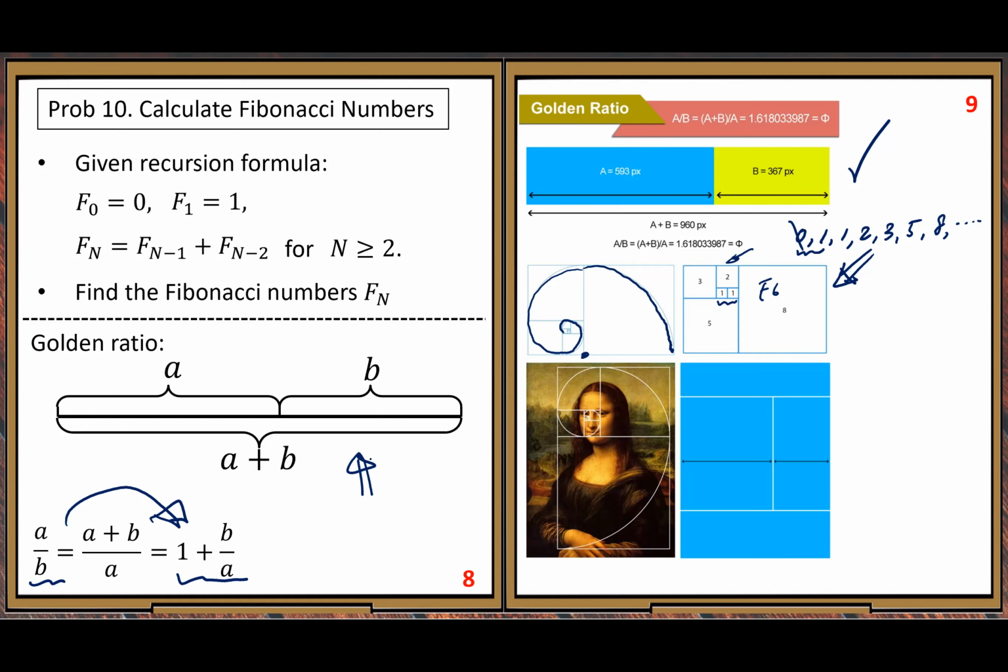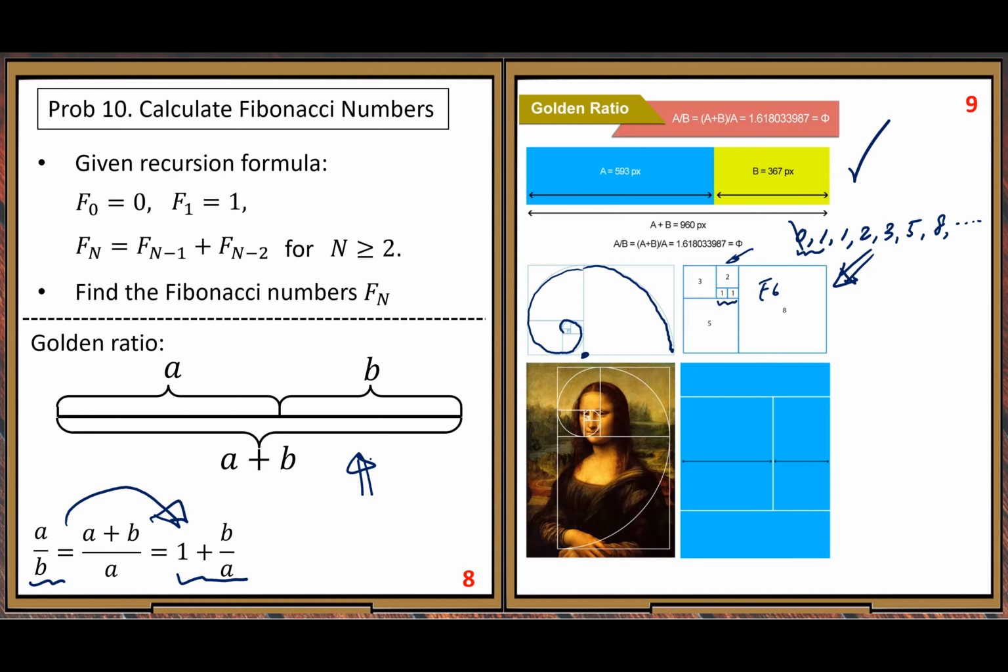Then you have the same ratio, right? So we do not need to really find the length of A and the length of B. We only need to find their ratio. In that situation, we do not need to completely solve the given equation. We just focus on the ratio part.